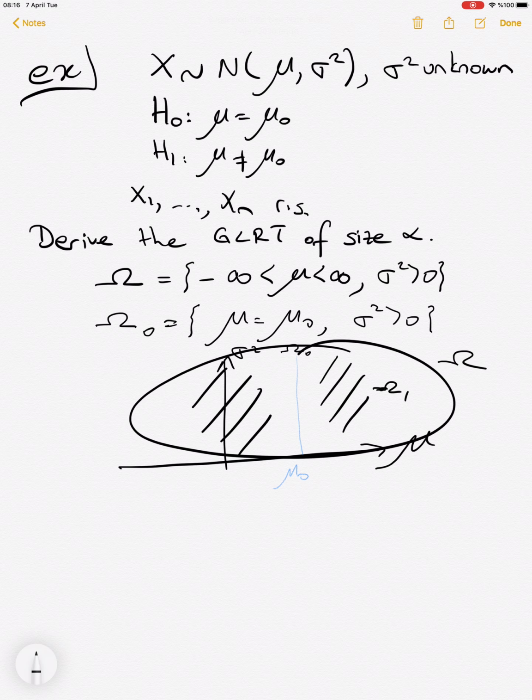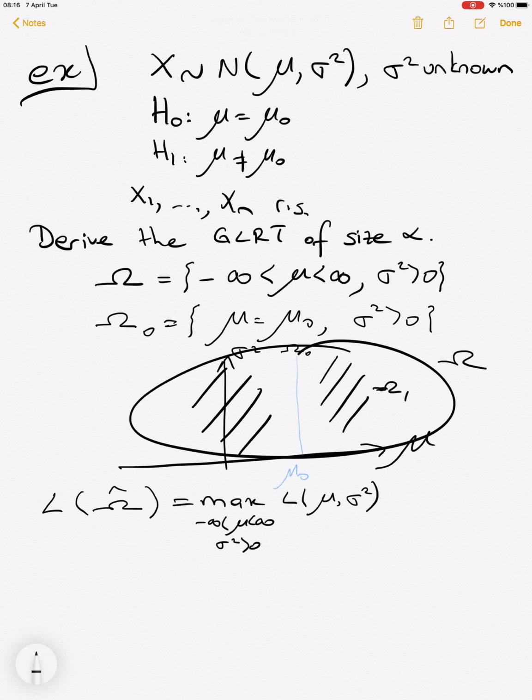Okay, so let's try to find the likelihood ratio. To be able to find the likelihood ratio, we need to find in the denominator the maximum point, where mu and sigma square are replaced. So we have to find the maximum value of the likelihood function in terms of mu and sigma square, where our mu is in this region and sigma square is positive.